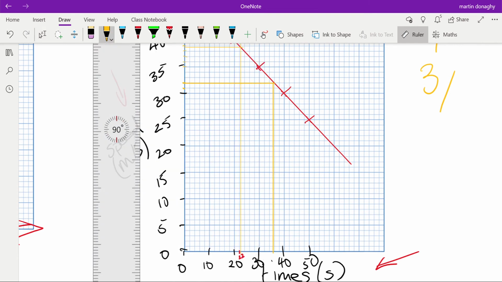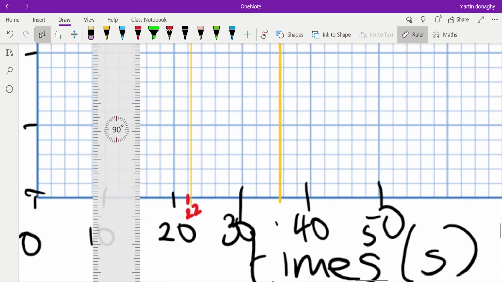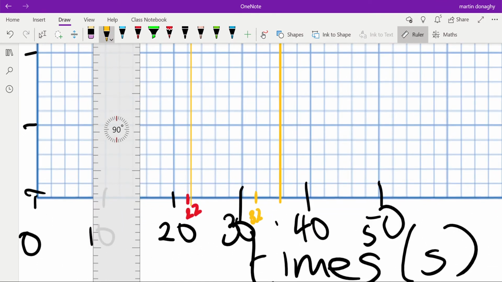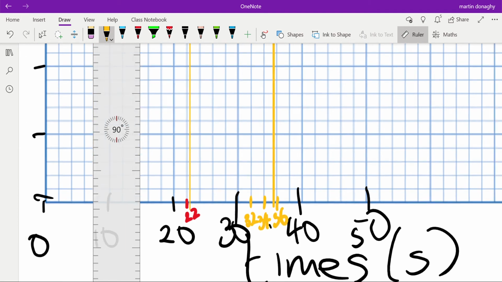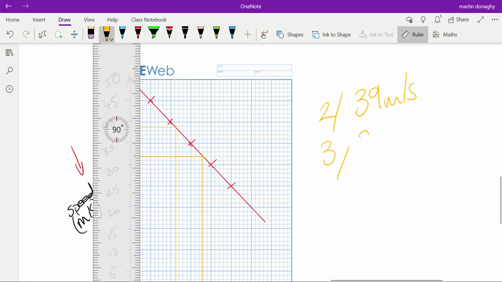And we're getting that is 30, there's 32, there's 34, so that's going to be closest to about 36. So this one here would be 36 seconds. And finally, how much did the speed decrease each second?